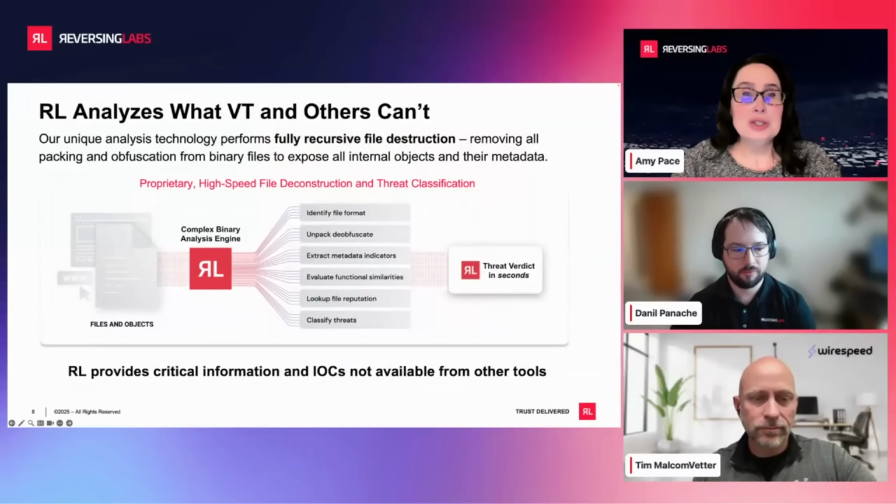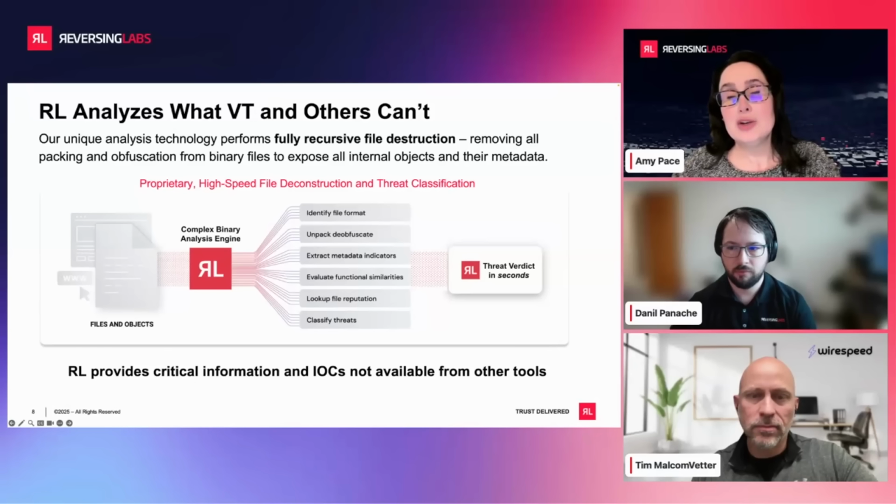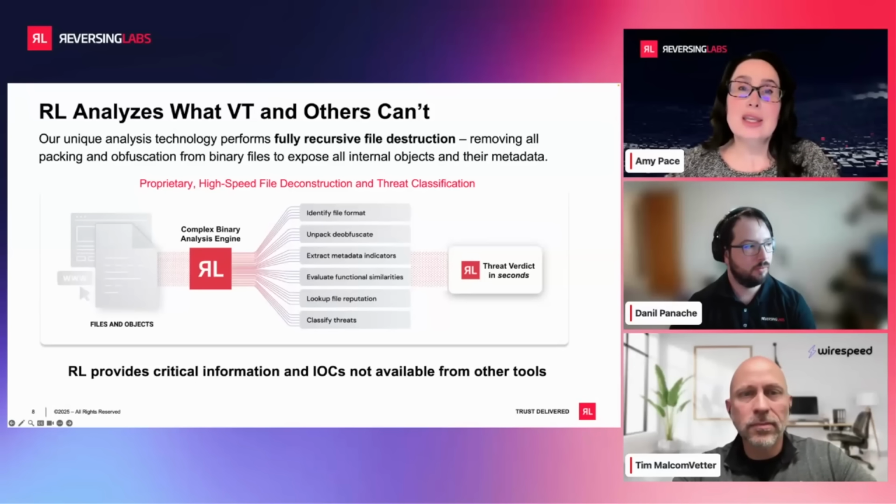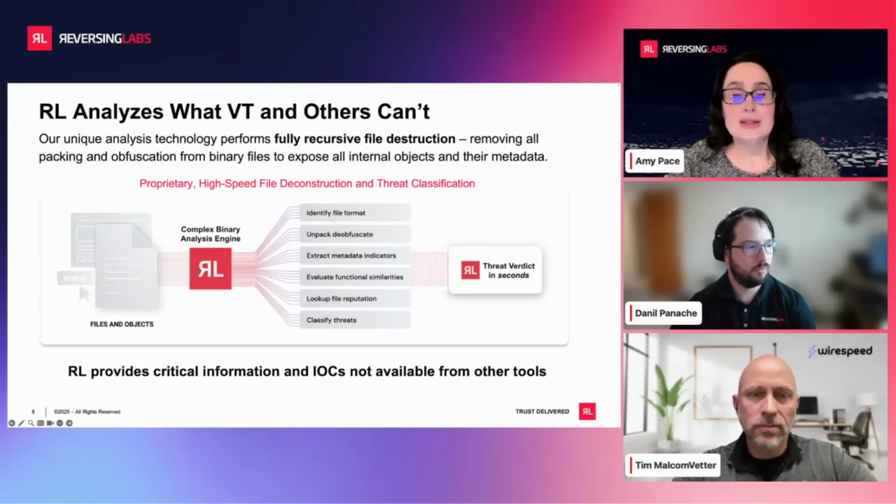So I touched on this a bit, we support over 4,800 file types, 400 packer formats, up to 100 gig file sizes with our Spectra Detect product. And we're able to do all that because of our core analysis engine. We call it a complex binary analysis engine.